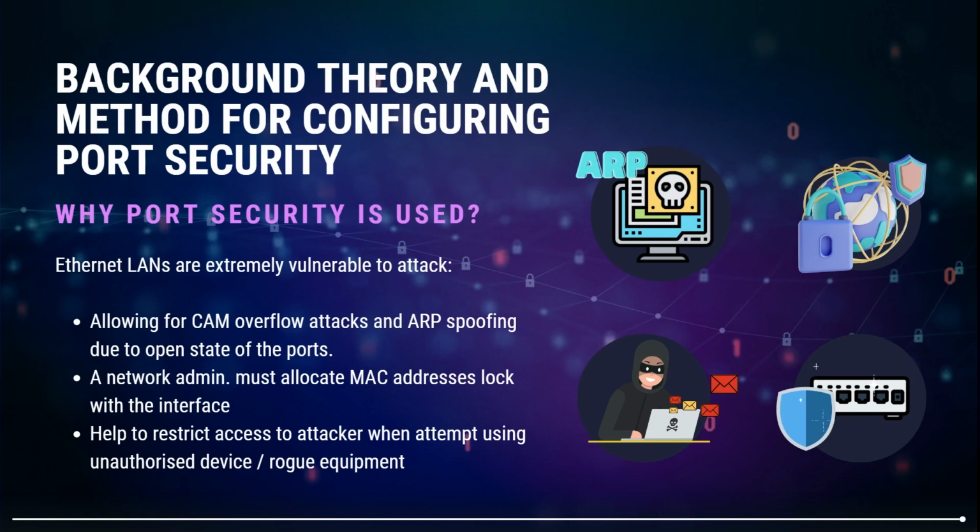Therefore, the network administrator can prevent this by associating a specific MAC address with the interface, which can restrict access when an attacker wants to connect using an unauthorized device or rogue equipment such as a hub.